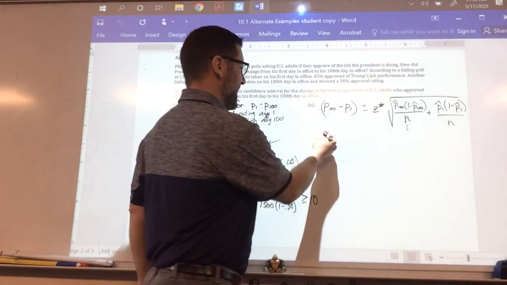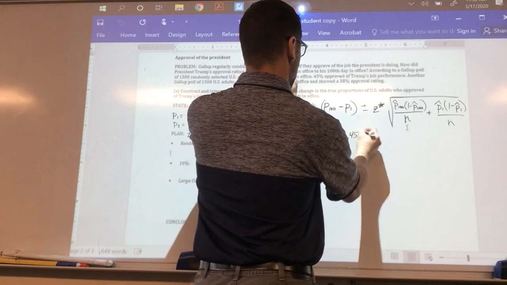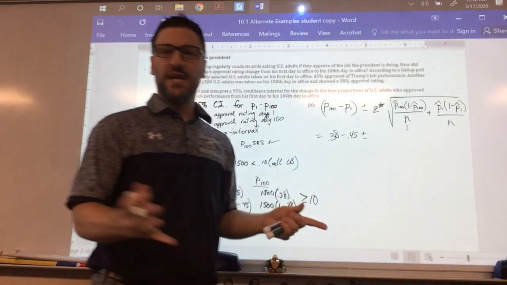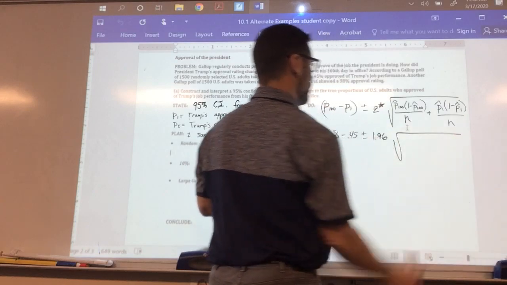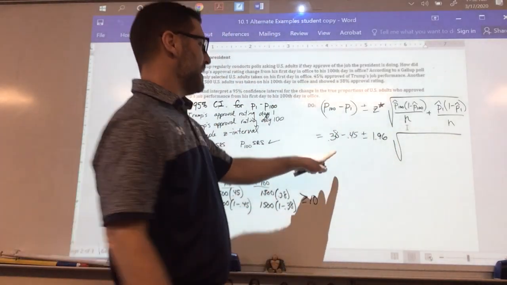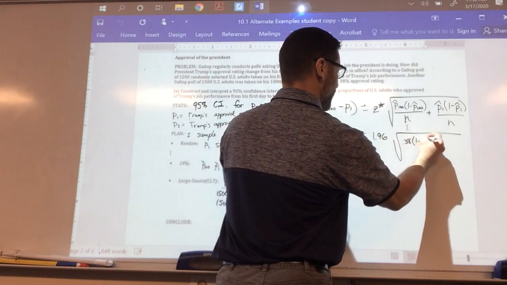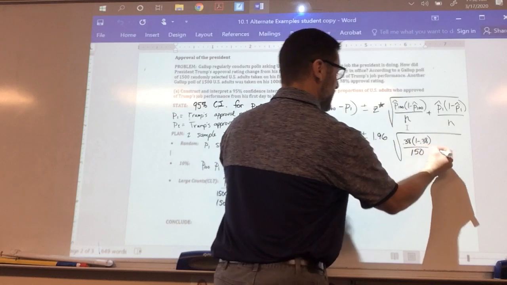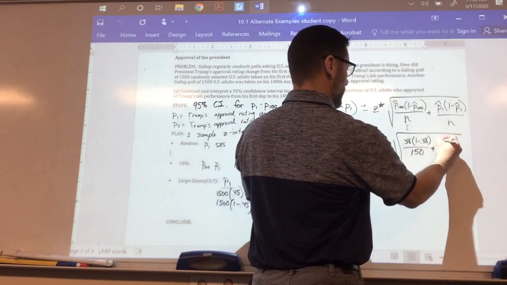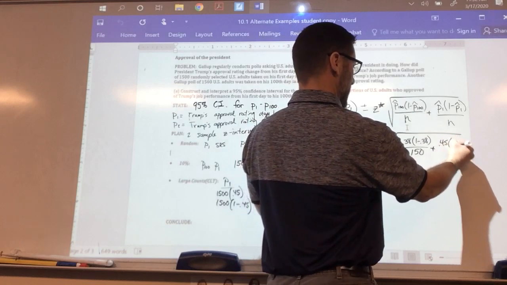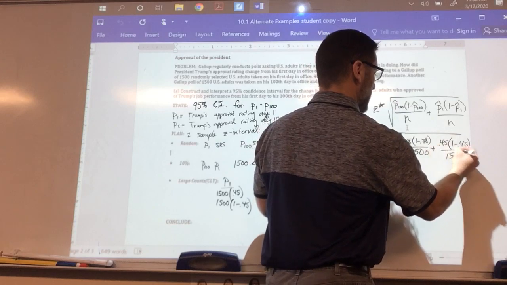Okay, back at it. You should have put 0.38 minus 0.45 plus or minus the Z star value, that critical Z value we've been dealing with, 1.96, times the square root of 0.38 times 1 minus 0.38 all over the 1,500, plus 0.45 times 1 minus 0.45 all over the 1,500.